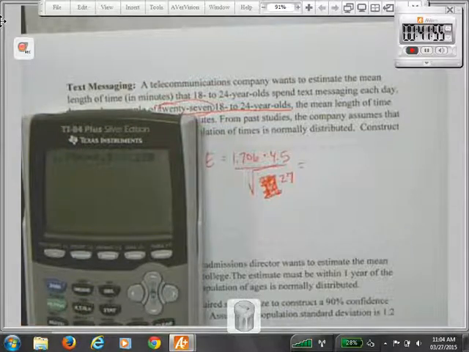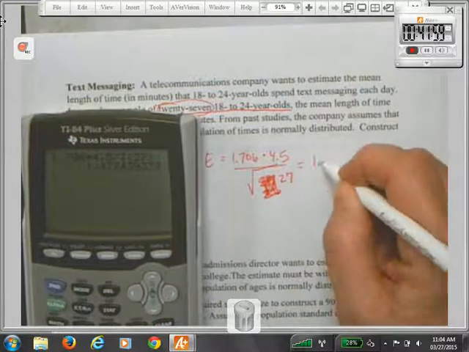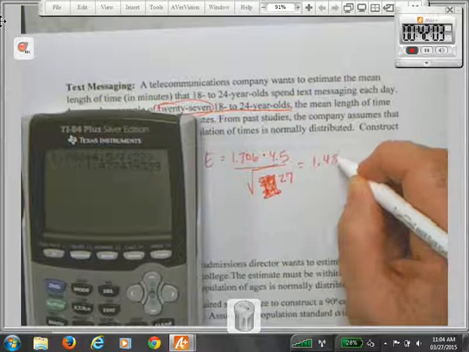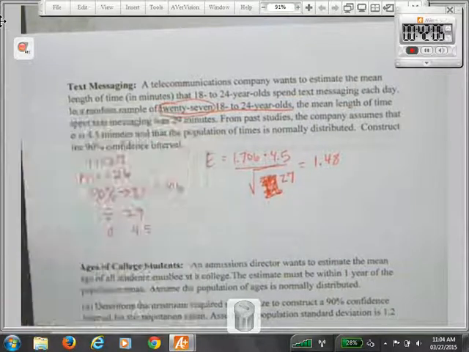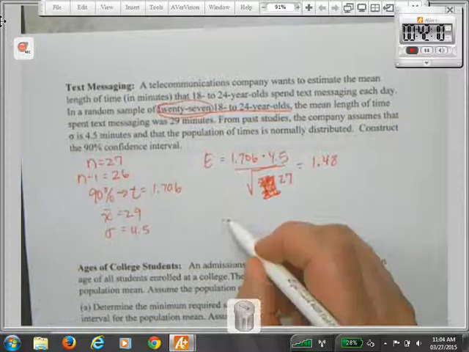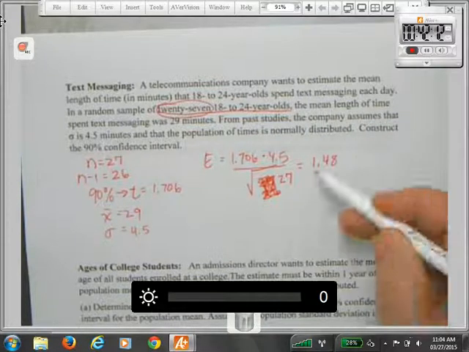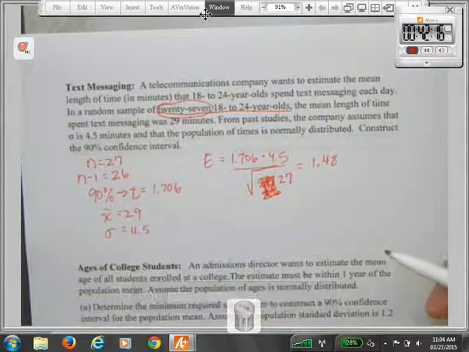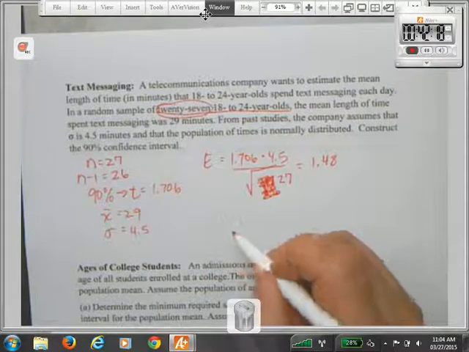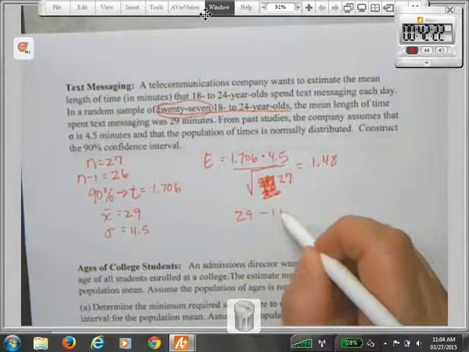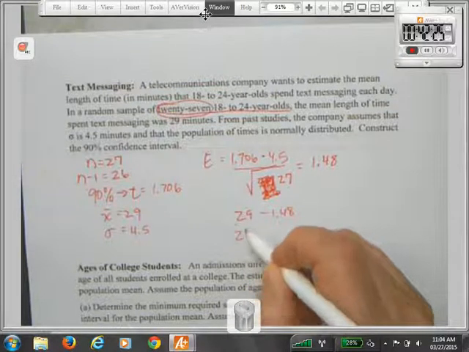But I'm glad you're paying attention. You've got to be very careful. Okay, I'll go with 1.48, rounding that. That's our margin of error that we're going to add and subtract to X bar. So it really isn't very much that we're changing this average of 29 minutes. All right, so we'll go 29 minus 1.48 and 29 plus 1.48.